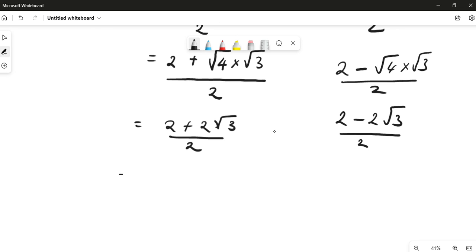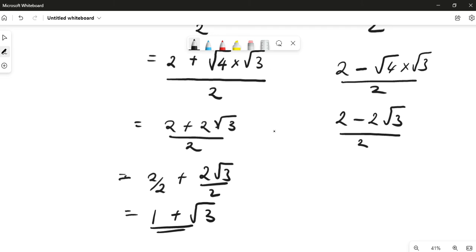We can simplify this further. This is the same as 2 over 2 plus 2 square root of 3 over 2. 2 divided by 2 is 1, so we have 1 plus the square root of 3, in its surd form. Same thing here, 2 divided by 2 is 1, minus the square root of 3. So that is our answer.